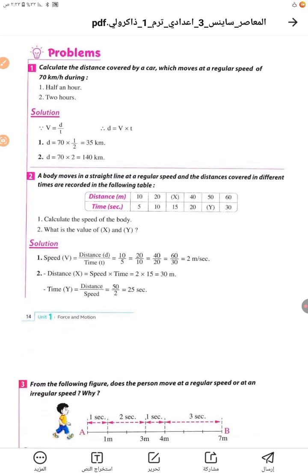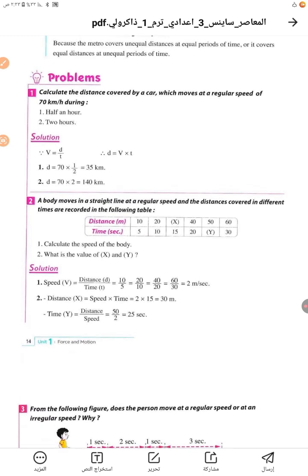The problems. Calculate the distance covered by a car which moves at a regular speed of 70 km per hour during half an hour and 2 hours.